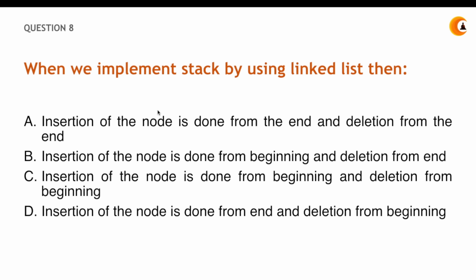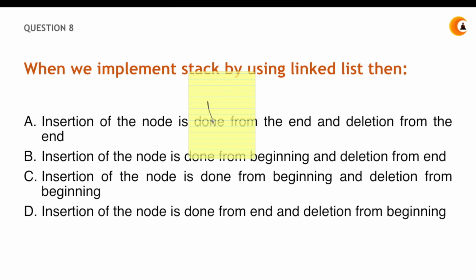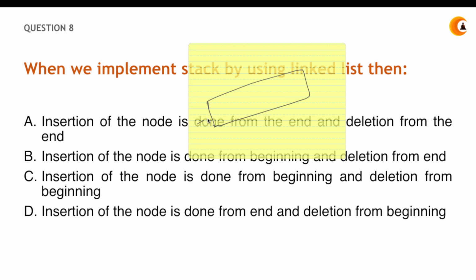I would say option C, because if this is a linked list, and you just started the insertion from here, then this will be the beginning, right? And if you start the insertion from here, then this will be the beginning. So technically, if you think logically, then both will be the beginning.